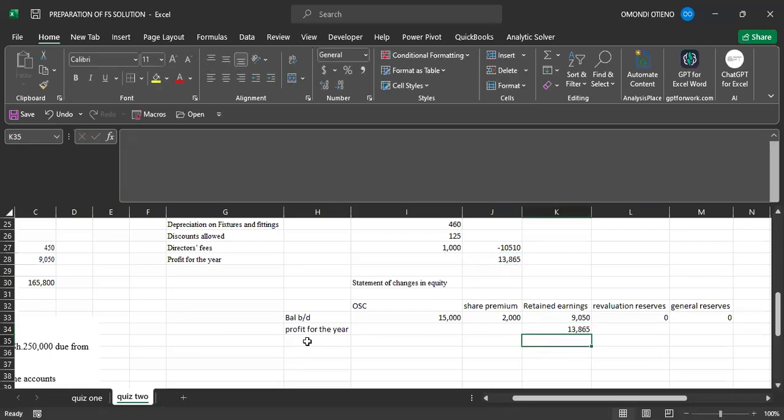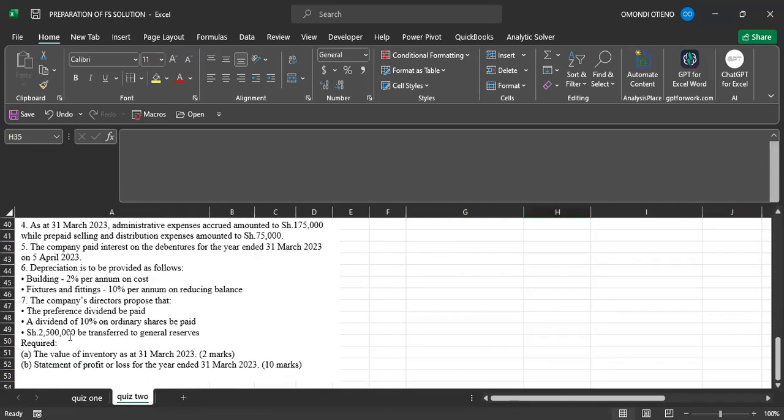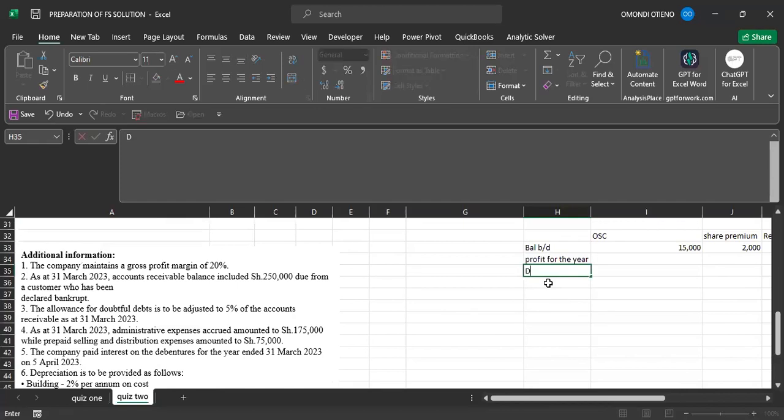Good. Now, after profit for the year, we look at some additional information. They are talking about preference dividends and dividends of 10%.